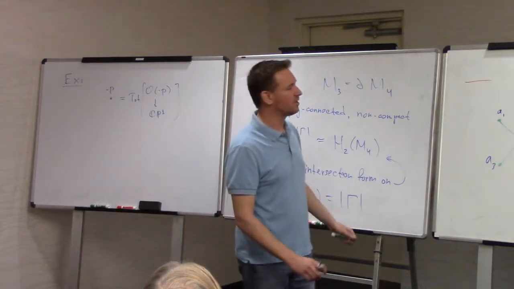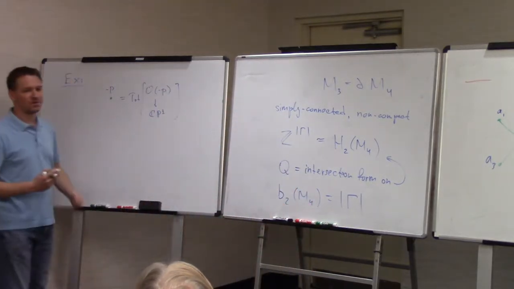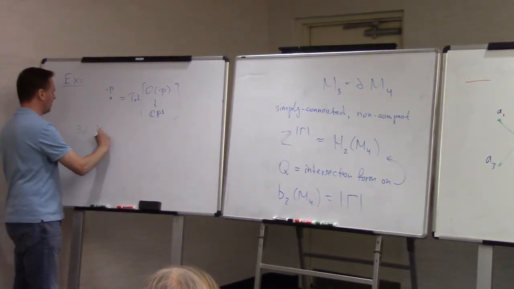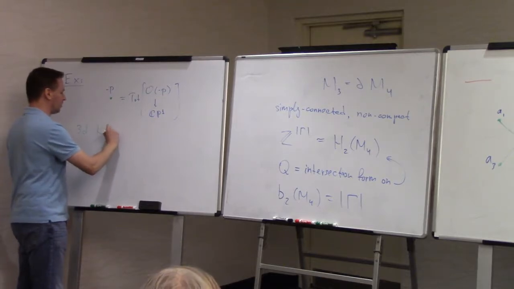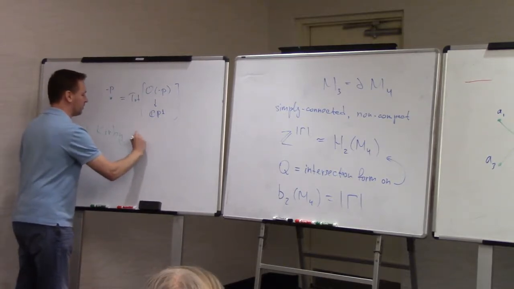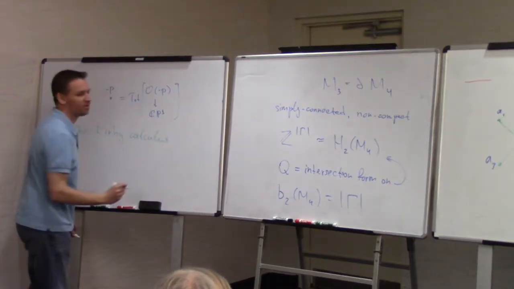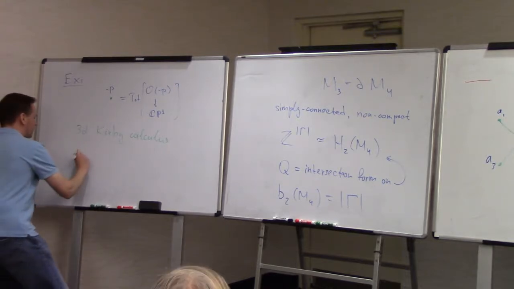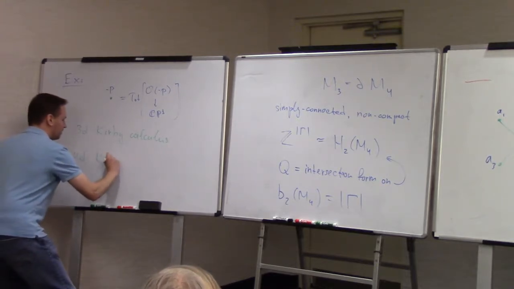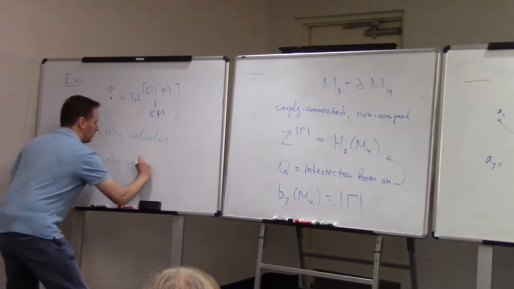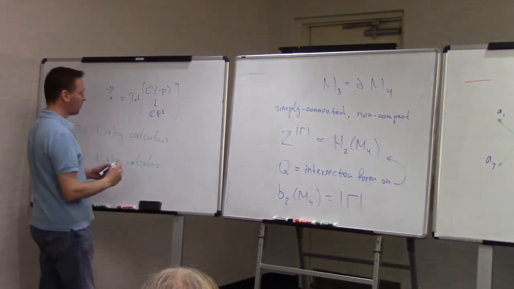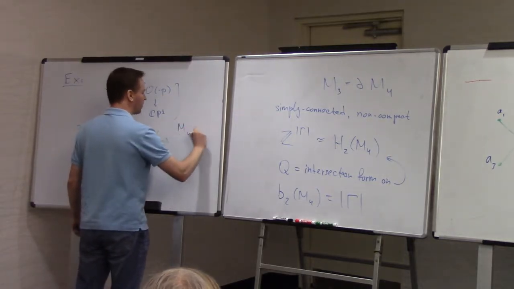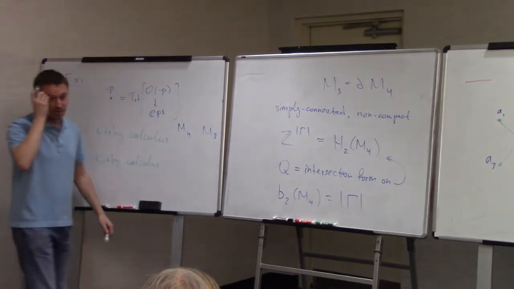So for this reason, there are two types of Kirby calculus we should distinguish, and I want to distinguish them carefully. What we discussed so far is the so-called 3D version of Kirby calculus. In fact, it's kind of ironic. We got Kirby calculus out of the usual calculus, right? And then there is a 4D version of Kirby calculus, which at the level of the four manifold M4 and its boundary M3 behaves as follows.